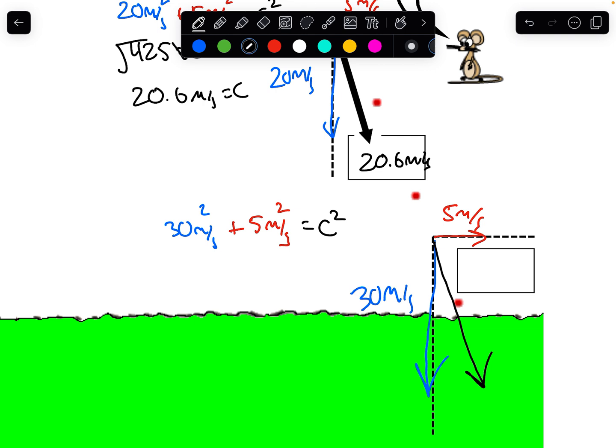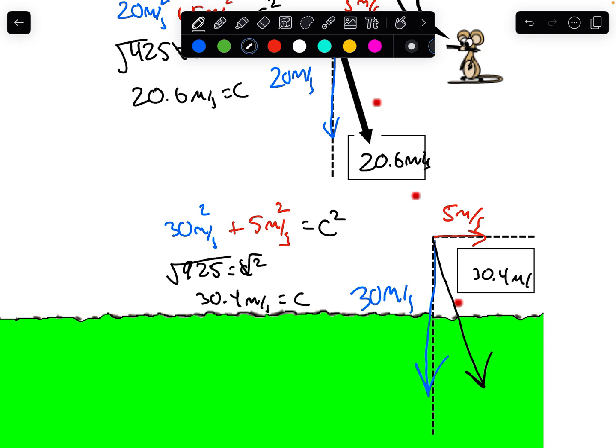So we're doing 30 squared plus 5 squared, so 900 plus 25, so we need to take the root of 925. If you do that, you should get 30.4. So 925 equals C squared, root it, and we should get 30.4 meters per second is C.